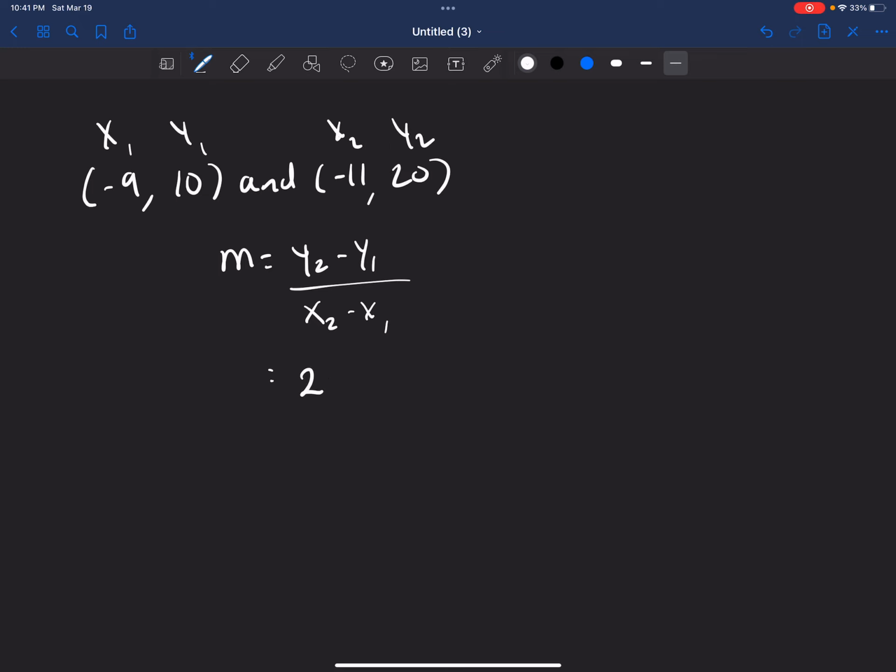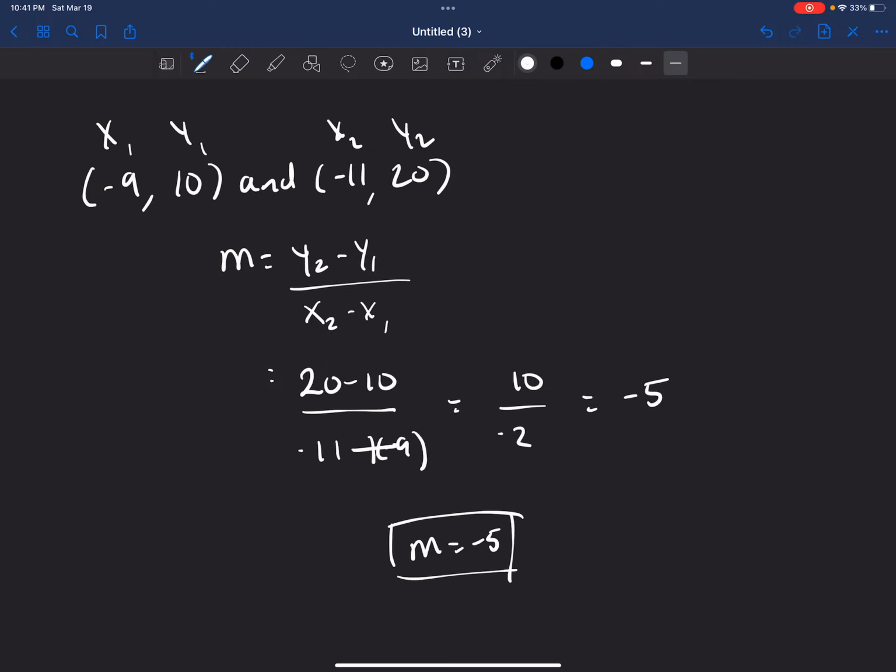Plugging it in, I get 20 minus 10 all over -11 minus -9. And 20 minus 10 is just 10 divided by, sorry, I forgot to put a minus sign there. So we have a negative times a negative, which is going to be a positive. So -11 plus 9, that's just going to be -2. 10 divided by -2 is just -5. Your slope in this case is m is equal to -5.